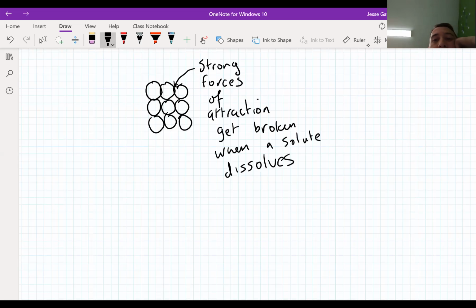This is called dissolving, when the strong forces of attraction in the solute get broken, the particles can then separate and mix up with the solvent.